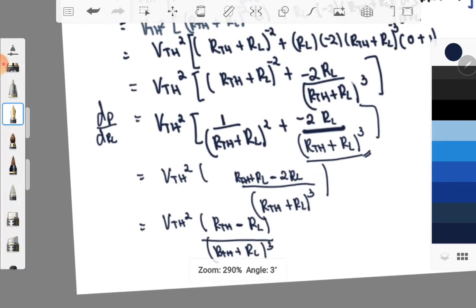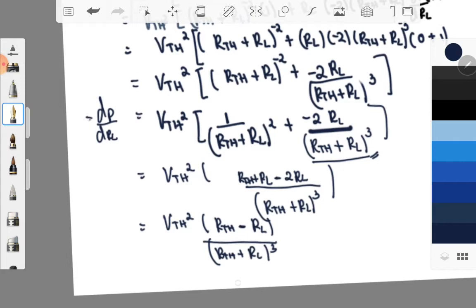Take note that in order to get the maximum power transfer, your dP over dR must be equal to 0. So, since dP over dR is equal to 0, pag nag-cross multiply ako dito, 0 multiplied by (RTH plus RL) cubed is 0. 0 divided by VTH squared is 0. So, therefore, we have an equation equal to 0, which is equal to RTH minus RL.